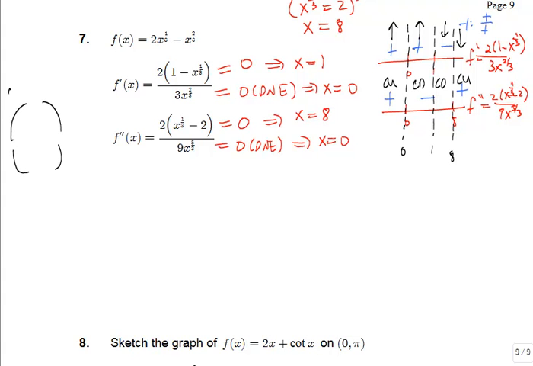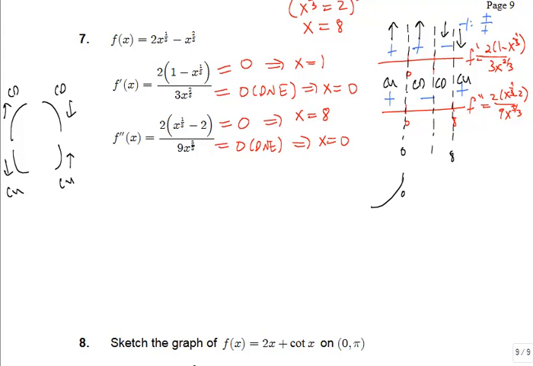So here's my 4 choices. And if I look at this first piece over here, I want to be concave up increasing, so that's this shape right here until I hit 0.